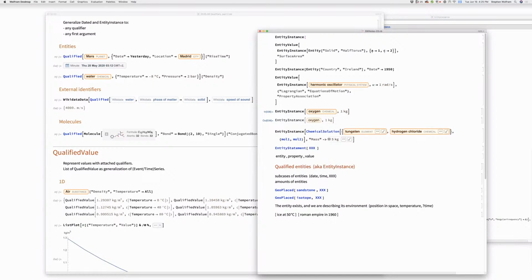I mean, that's, you know, right. So that's the issue. Okay. So one case is the entity exists and we are describing its environment. Another case is the entity is parameterizable.